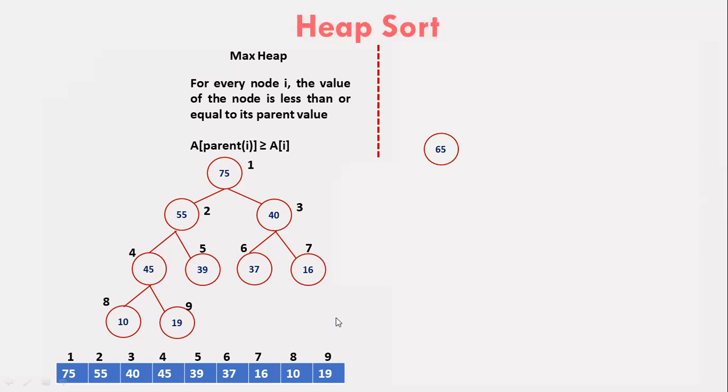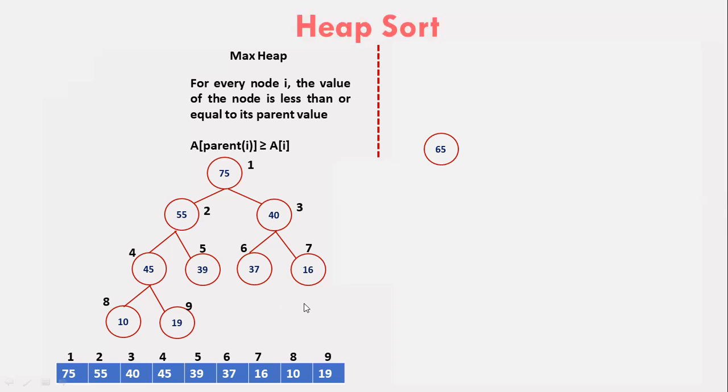Now if we insert like this, it will not follow the complete binary tree concept, so we have to take care of that also. While inserting, we have to make sure it follows the complete binary tree concept. So we cannot insert the node from the root. We have to start inserting the node from the leaf.